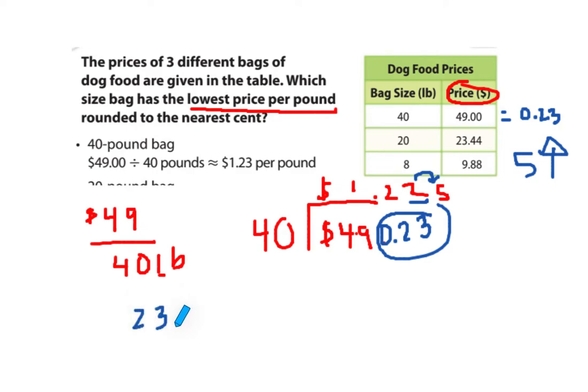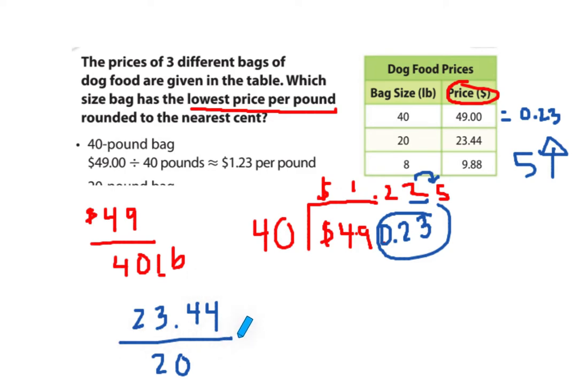$23, that's the price, 44, divided by 20. Everyone, we're going to punch this into the calculator. Ms. Munoz, I don't have a calculator. That's why I asked you to open up a tab and type calculator in Google. Okay, everyone, punch in the first number we see here, 23.44 in the calculator.